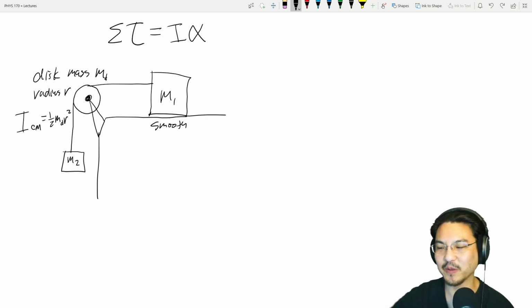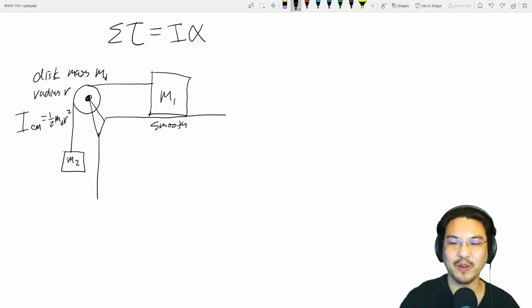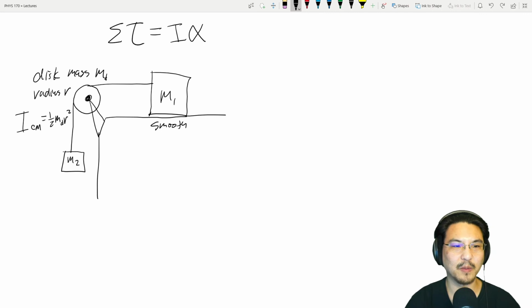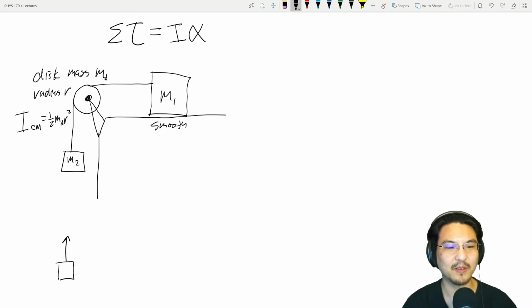Okay, so what do we do? We draw the free body diagrams. So for this block over here, there's tension in the string and there's weight. For this block over here, I'll draw it over here, there's tension in the string, normal force, weight.